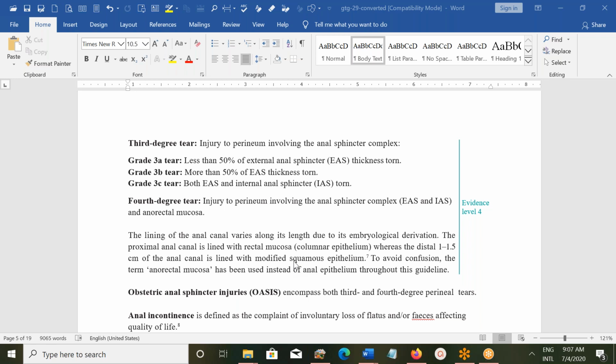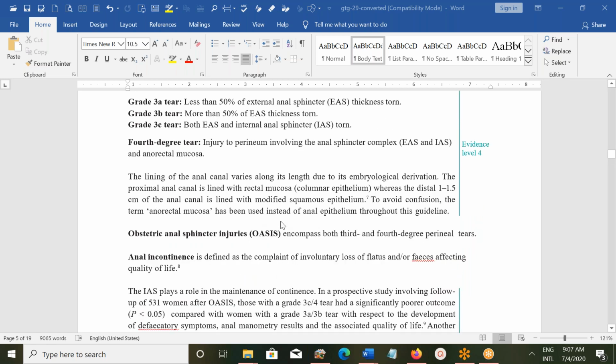Its epithelium is modified squamous epithelium, which is similar to the epithelium of the perineal skin. This is non-keratinized. So they use the word inner epithelium, inner mucosa. You know the innermost lining is called the mucosa.